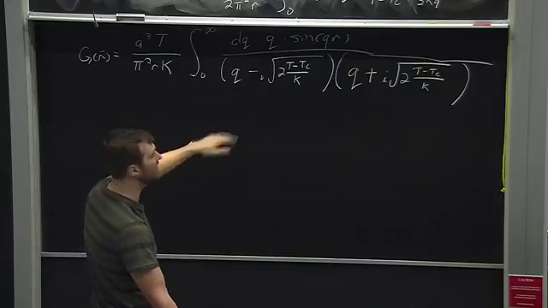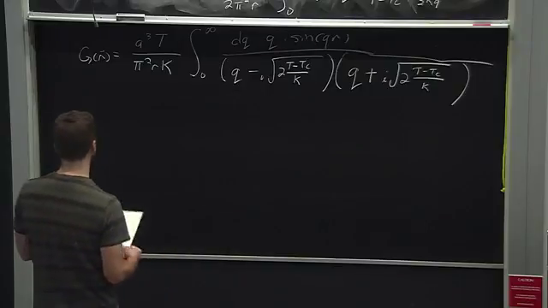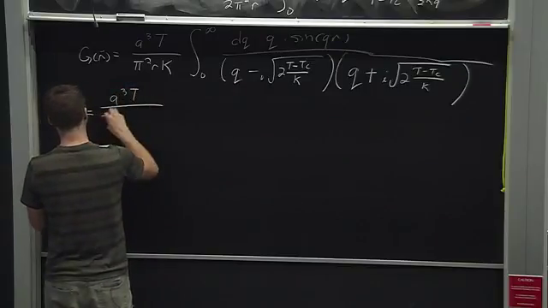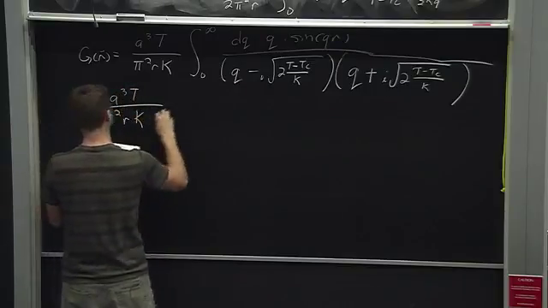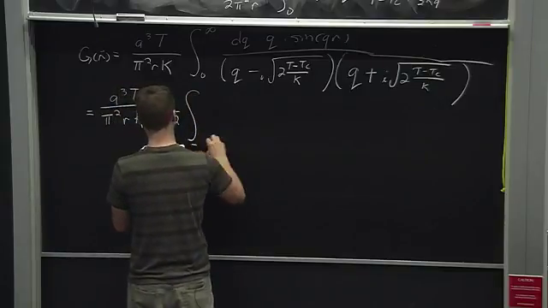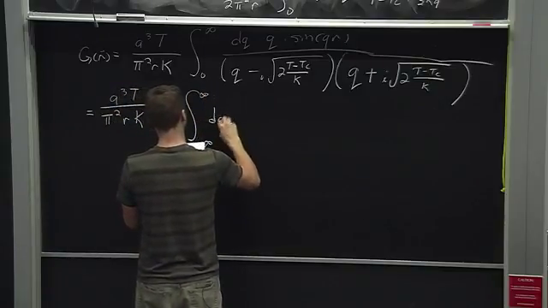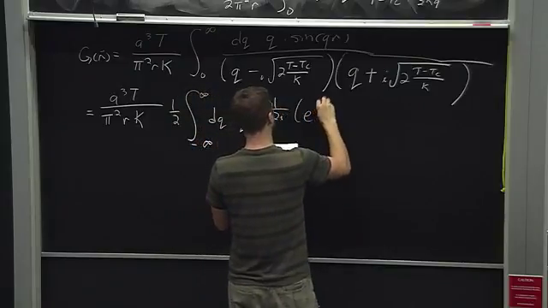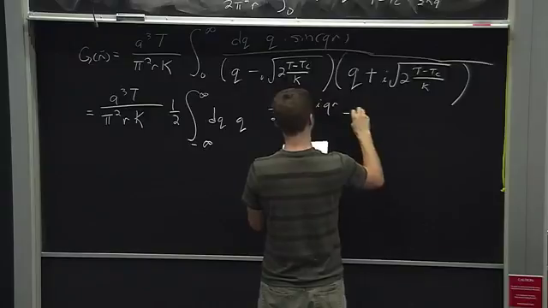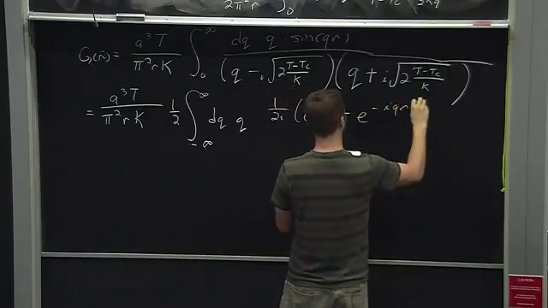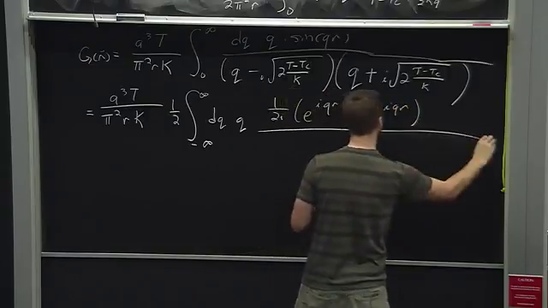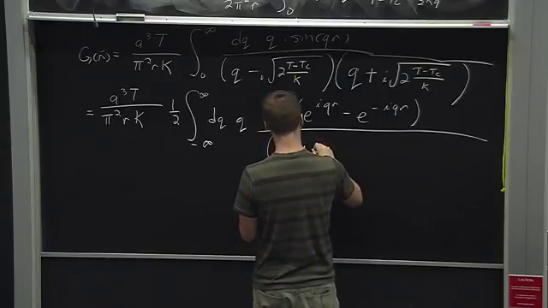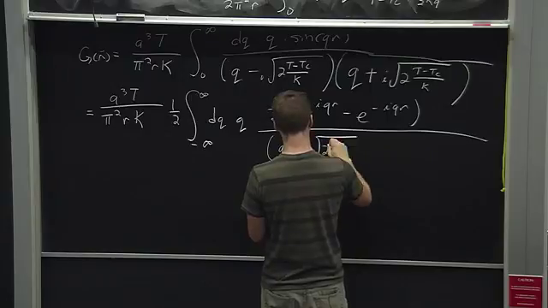So let me pull out that sine, turn that sine into an exponential. One over 2i, e to the iQR minus e to the minus iQR, they're scalars. This thing gets annoying to write really quick.